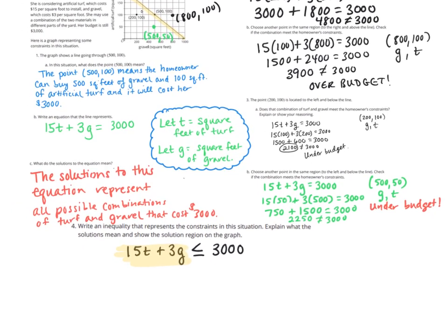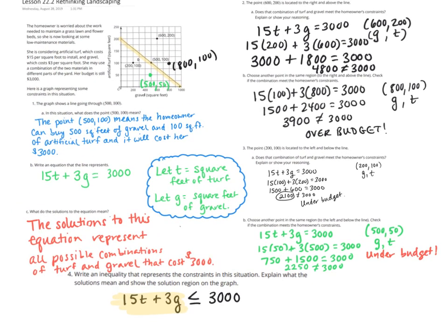So we're going to actually be focusing on the bottom part of that graph. And we're going to include anything that falls directly on the line. So any of these values here are going to work.